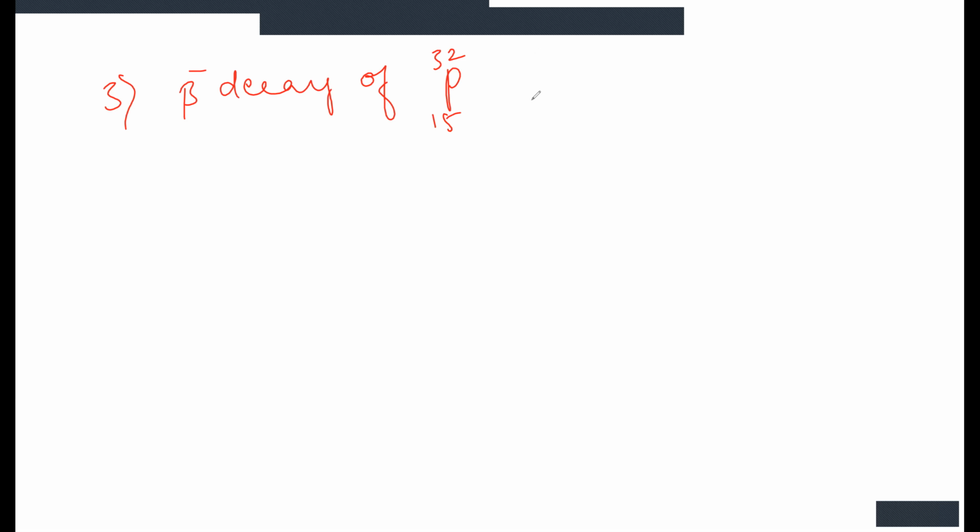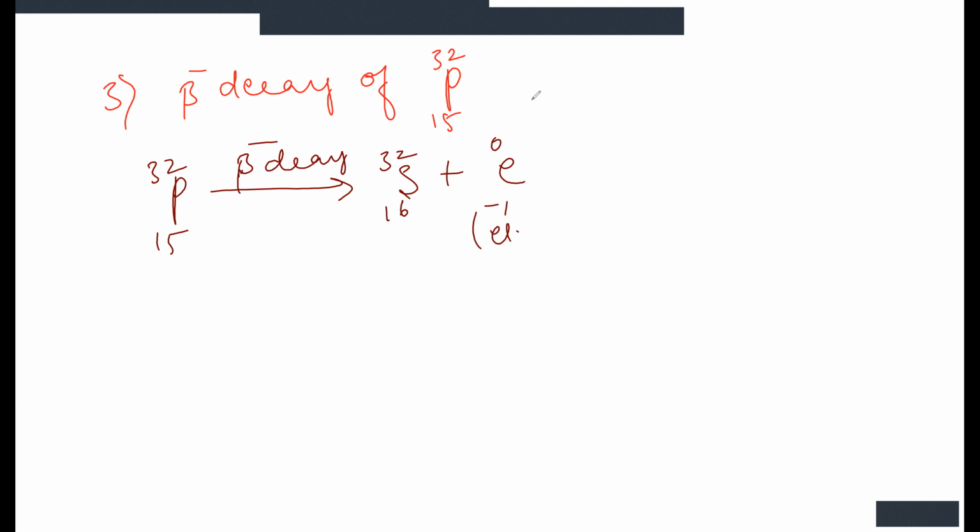If you write the reaction for this, when phosphorus undergoes beta minus decay, it is going to produce sulfur, and then it is going to produce an electron, and along with this, it is going to produce one neutrino.